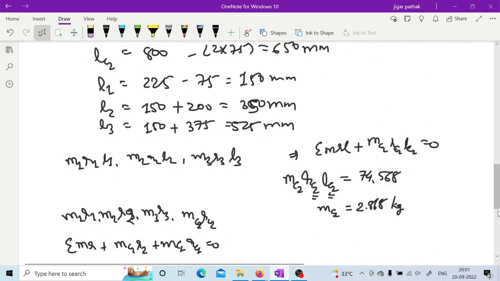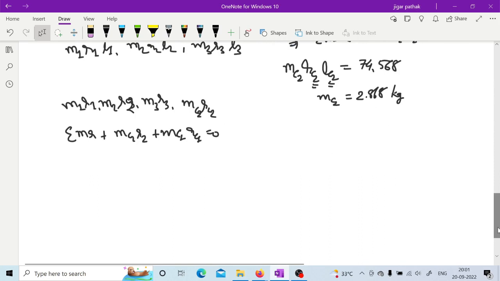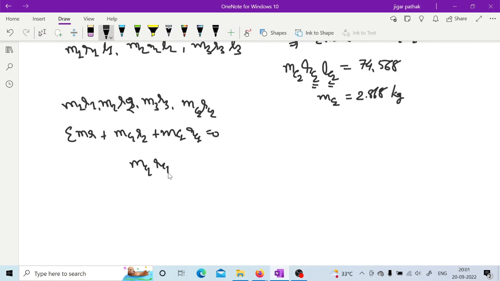Okay. So yes, let us see here. If you follow the same procedure here also, what you will get is MC1 RC1 will be equal to 235.63, and here also RC1 is provided, so you will be able to calculate MC1 as 3.14 kg. So you have calculated MC1 and MC2.